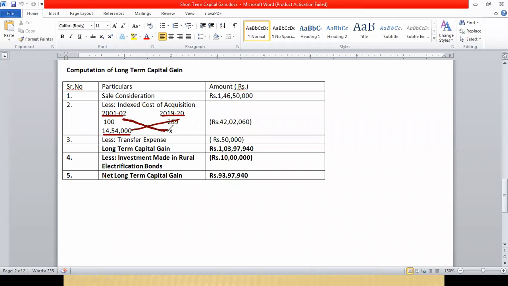By doing the cross multiplication, you will get this indexed cost, 42 lakh 2,060. Everybody calculate this cross multiplication.